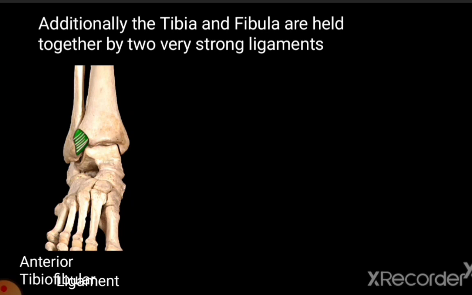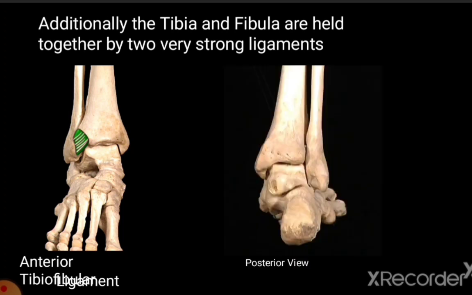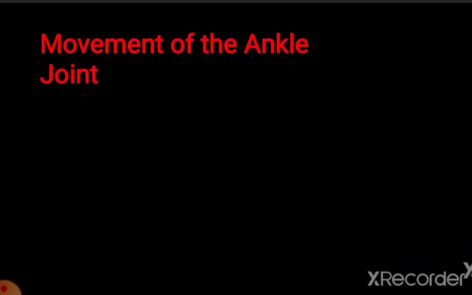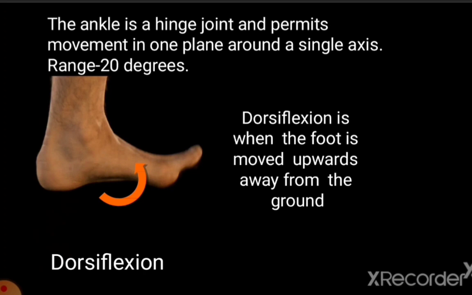Additionally, the tibia and the fibula are held together by two strong ligaments. These are anterior and posterior tibiofibular ligament, which is in between tibia and fibula. Now the movements of the ankle joint. At the ankle we have two movements: dorsiflexion.